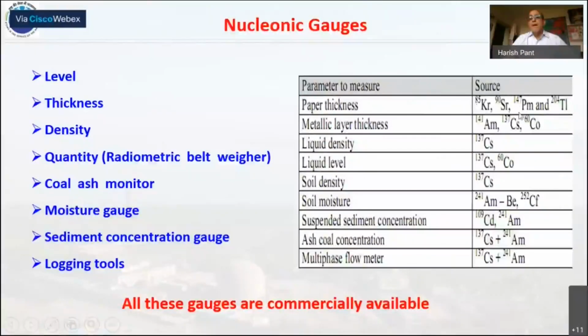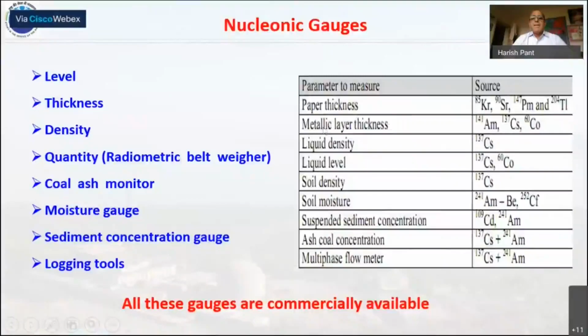They are krypton 85, strontium 90, promethium 147, and thallium 204. So these are all beta sources which are used in a thickness gauge to measure the thickness of the paper in the paper industry.